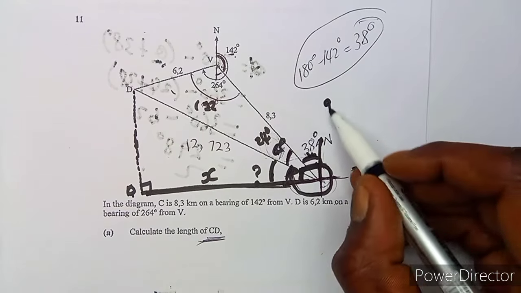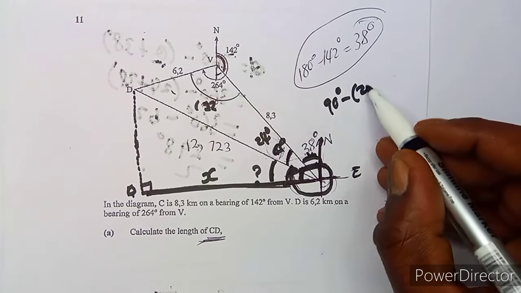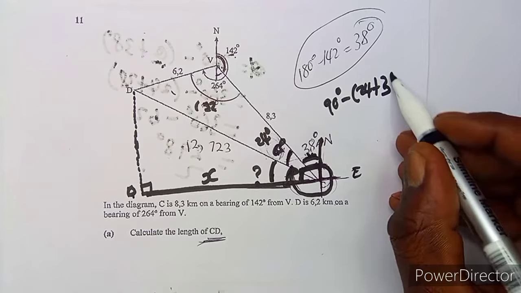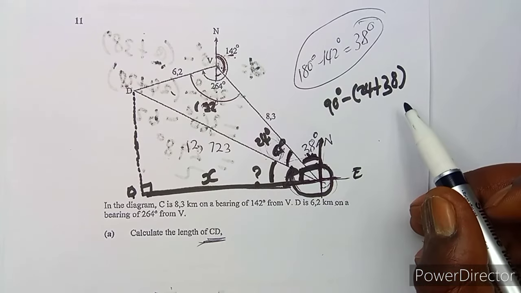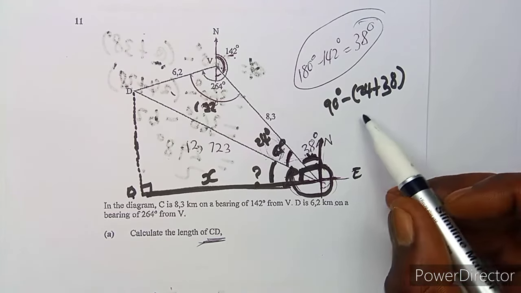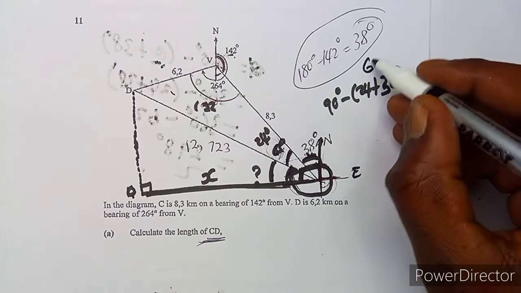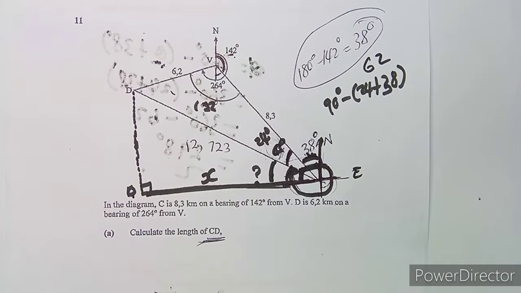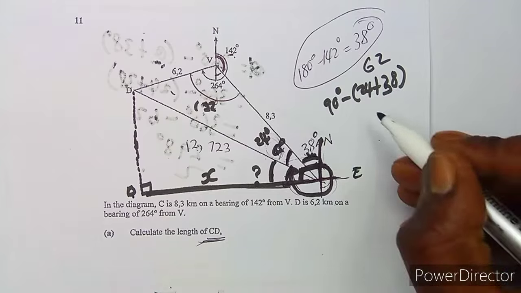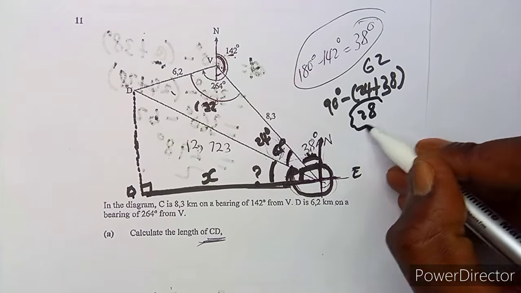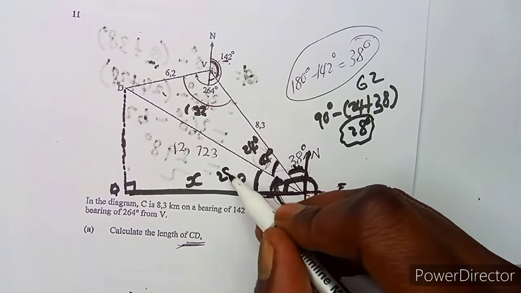Okay, that's 90 degrees minus 24 plus 38. 24 plus 38, guys, is 62 here. So it's actually 90 minus 62, which is going to give us 28 degrees, something like that. So that's the angle that you're going to work with here as 28 degrees.